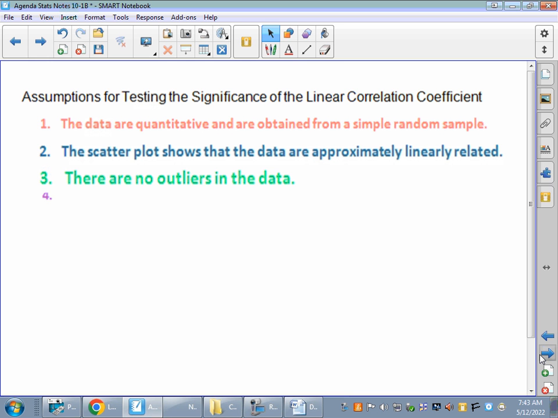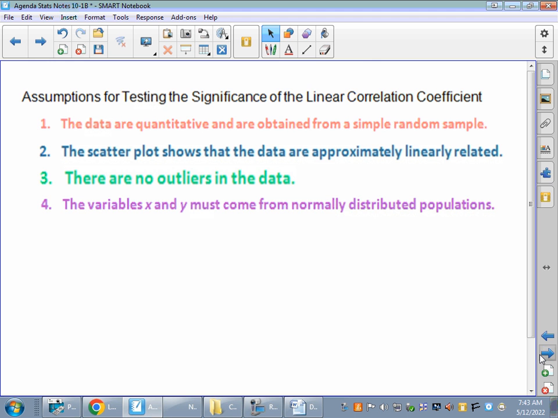There are no outliers. Remember, in the last section we said R is particularly susceptible to outliers, so we do need to make sure we've got no outliers in our data, and the variables X and Y come from normal distributions. So we keep going back to those normal distributions.